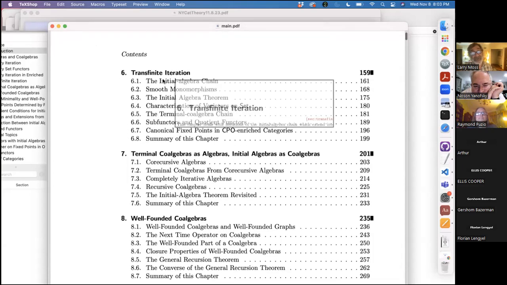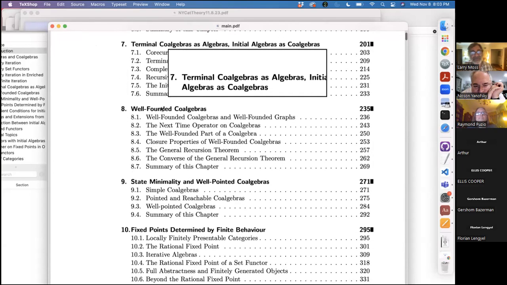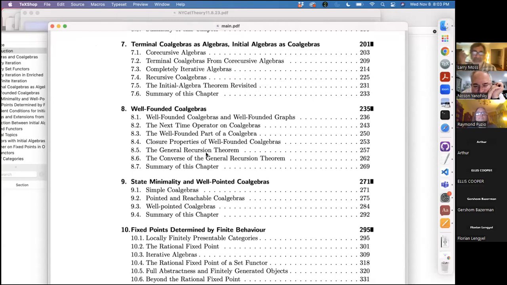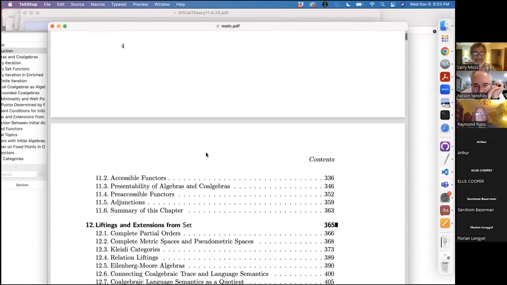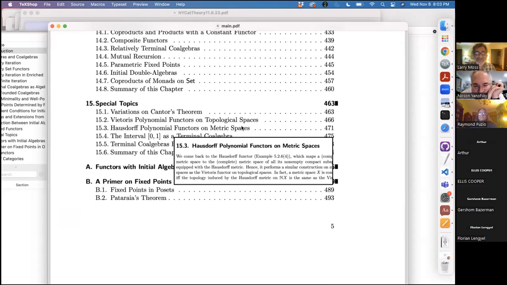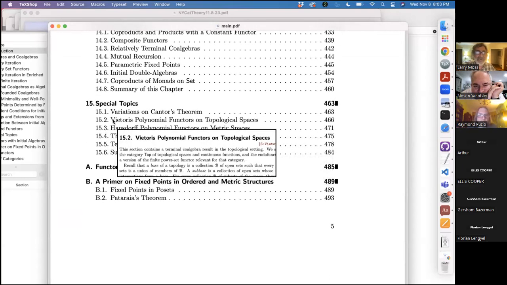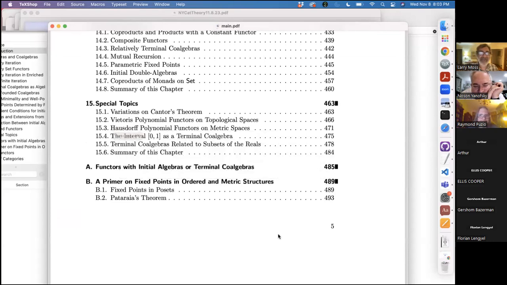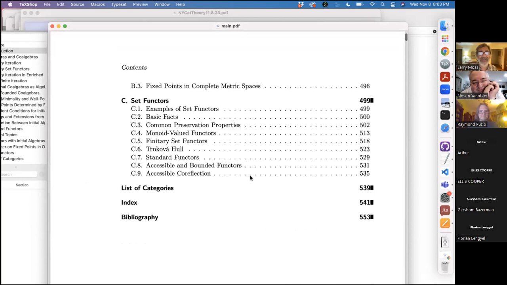This is what happens if you do it in transfinite. This is the study of well-foundedness, categorified. This is a bunch of other stuff. And what I did today was section 15.2 and 3. So that's what was going on. And the whole thing also has a huge amount about what the properties of set functors are, and that chart and stuff like that about set functors is here too.